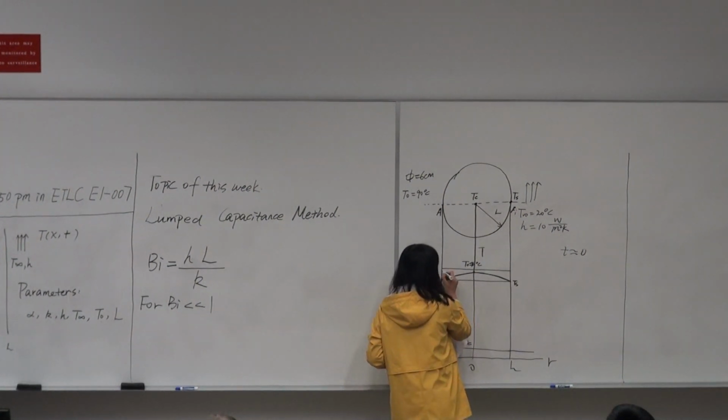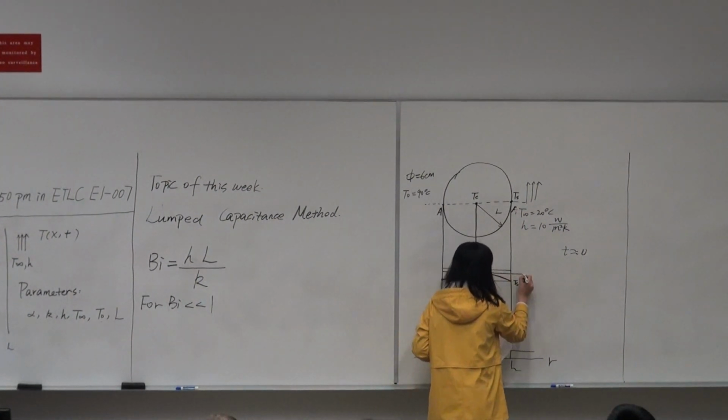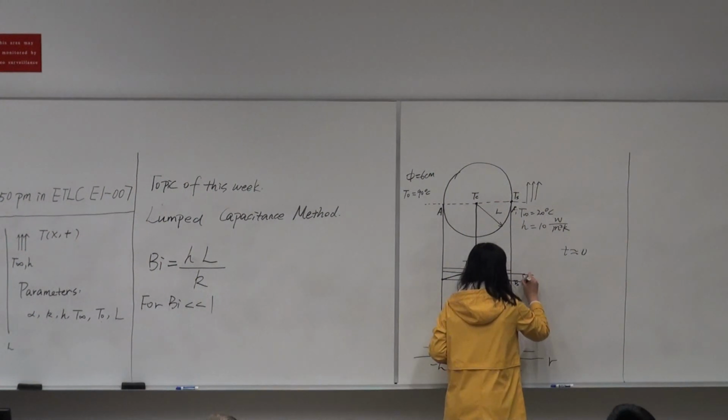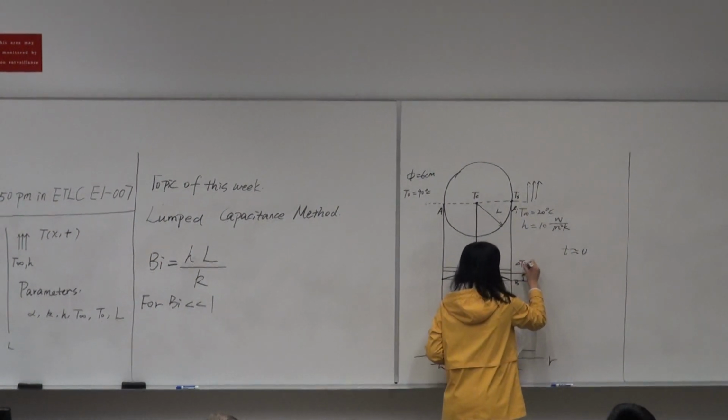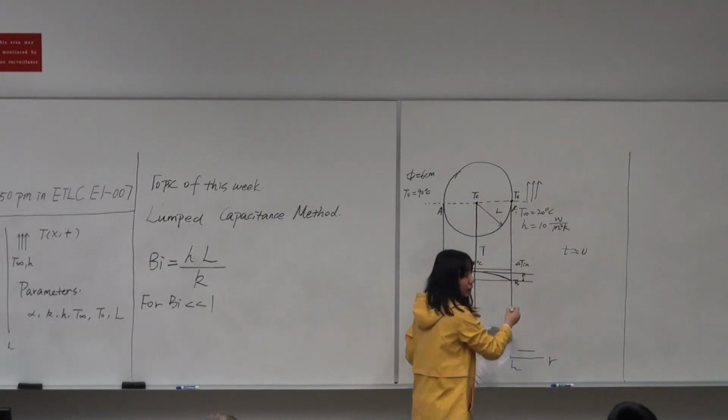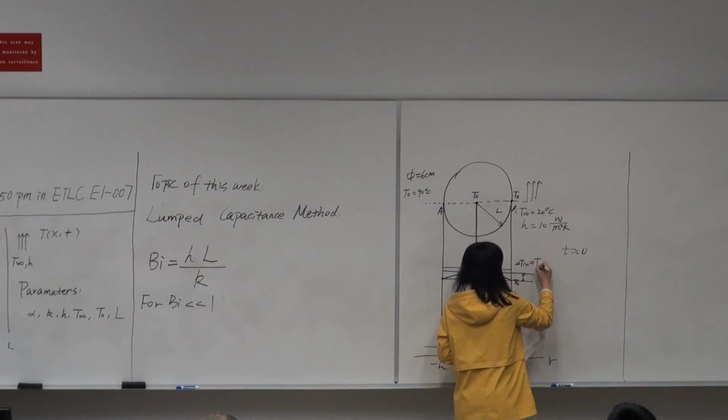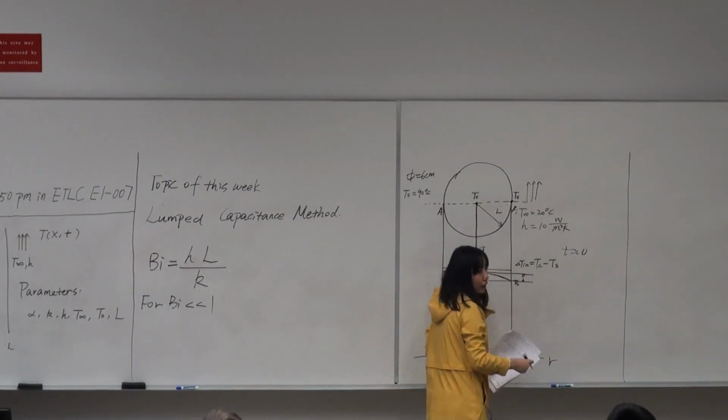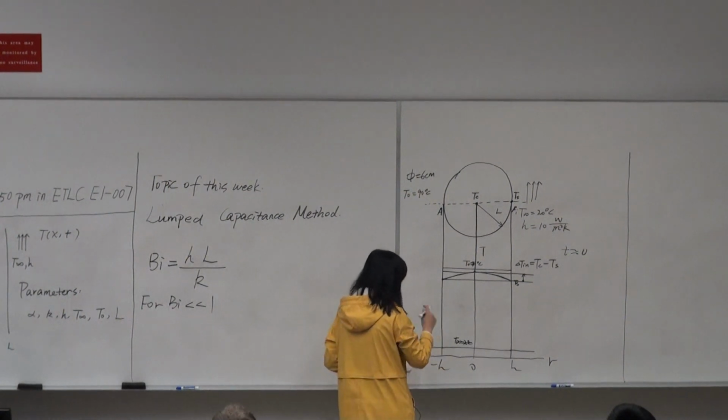And we name the difference delta T in, for the inside temperature difference, which is given by the center temperature minus the surface temperature.